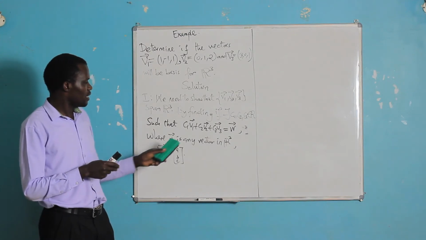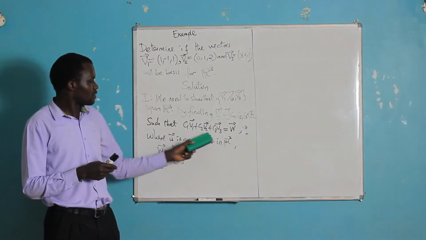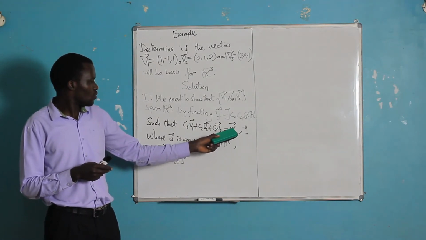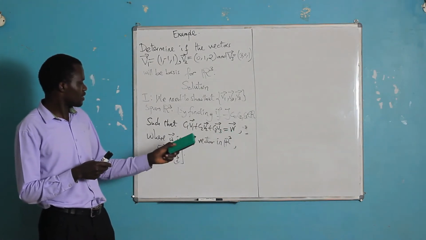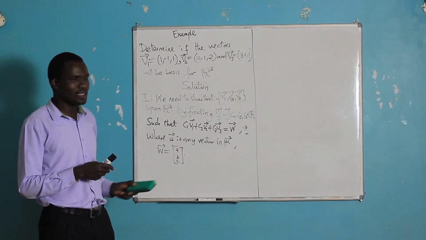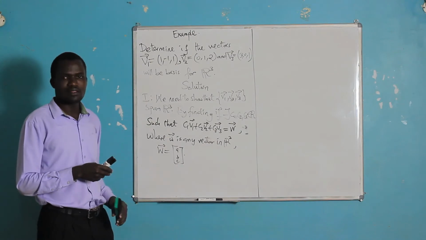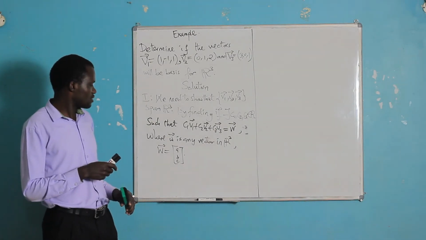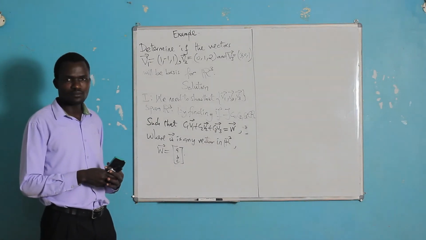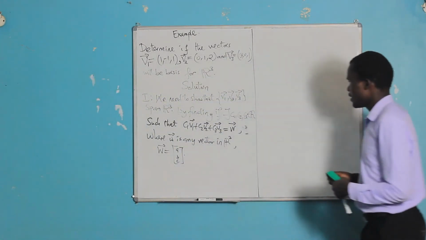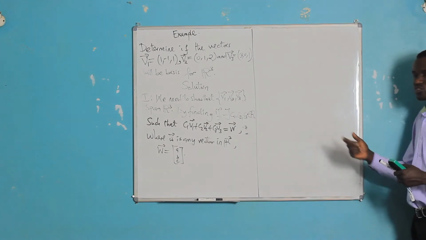Let's say W has these 3 entries, A, B, and C. So, my dear students, let's solve this one.